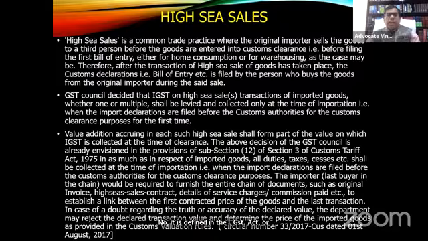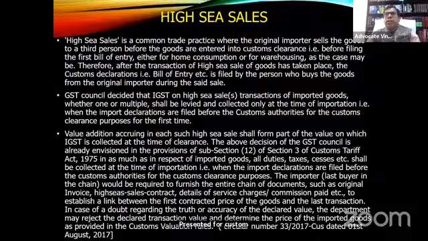So now, what is a high seas sale? A high seas sale is a transaction wherein, suppose A has imported the goods or purchased the goods from a supplier based outside India, and while the goods are on the high seas, while the goods are getting transported to India, he sells those goods and enters into a transaction where the property in the goods is transferred to somebody else before they enter the customs frontier of India, or where the goods are presented for customs clearance.